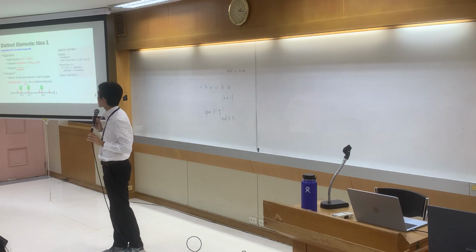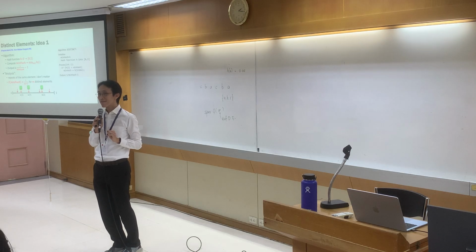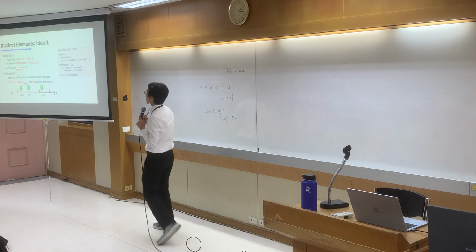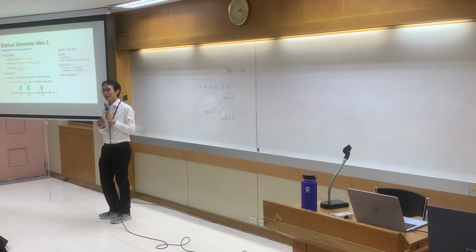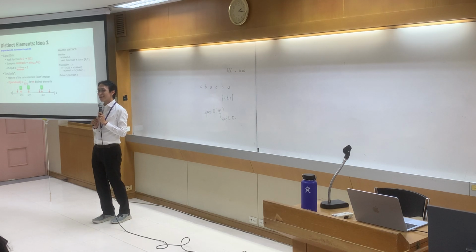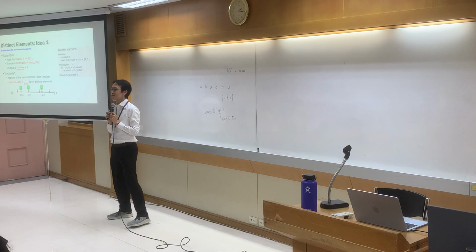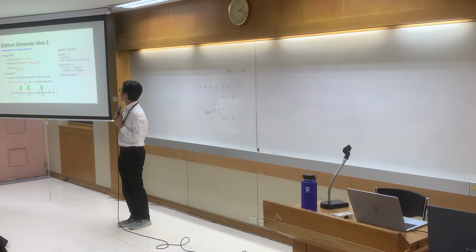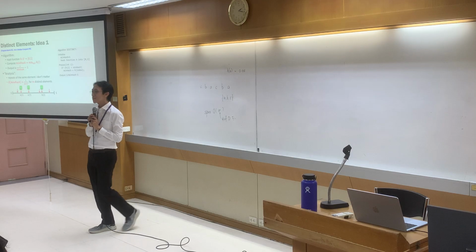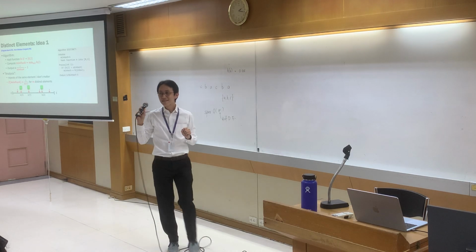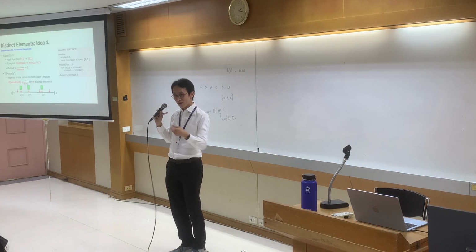What are we keeping track of? According to this algorithm, what are we keeping track of? The pseudo code is right here. So if you implement this as a program, what are your member variables in the class? Only min hash.